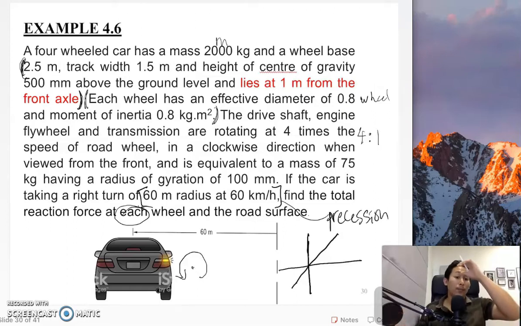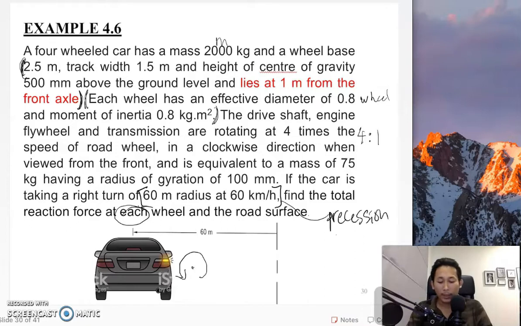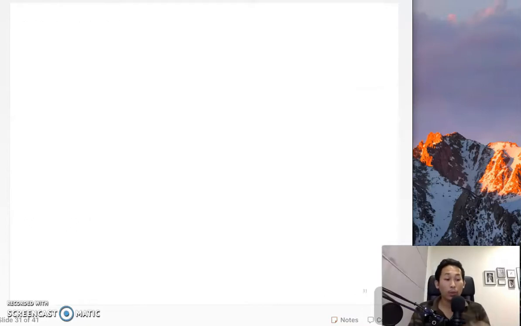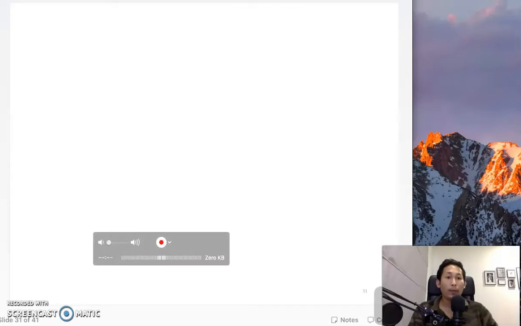So there are forces that act on the wheel, which are from the weight of the vehicle itself, the force from the action of the gyroscopes, and also the rotating parts of the engine. First we need to draw our free body diagram of our car.